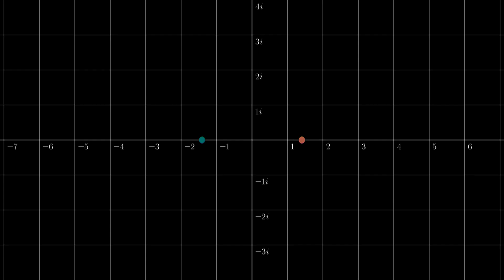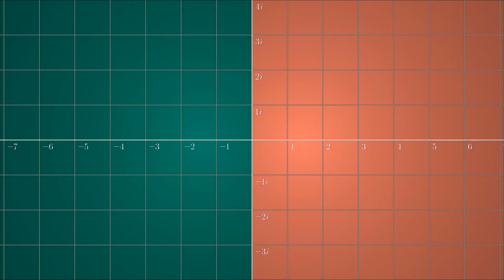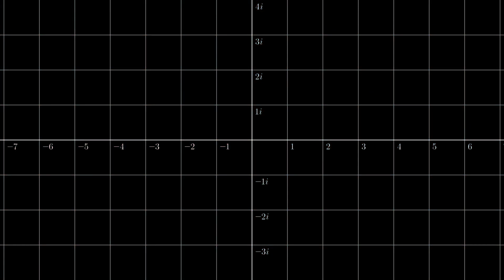Now, we color every point depending on its landing position. Let's repeat this process with another function, this time with 3 roots.